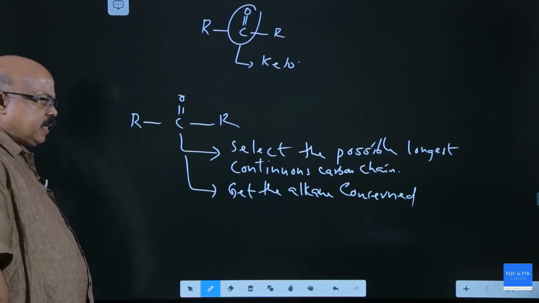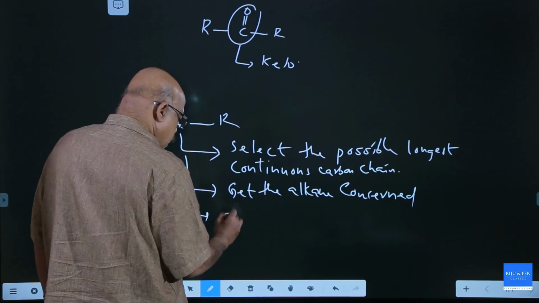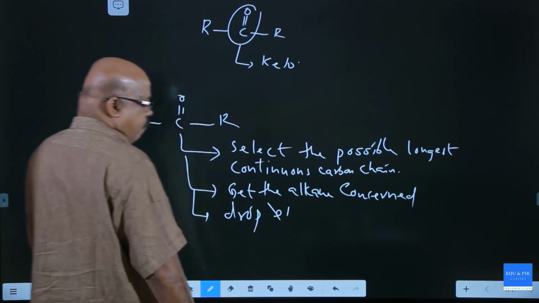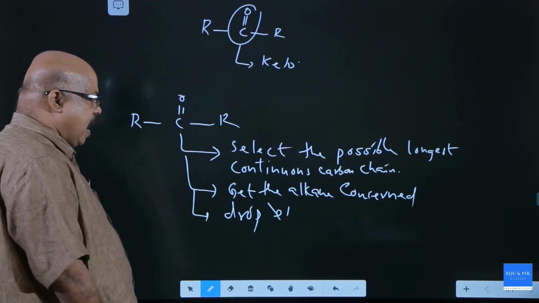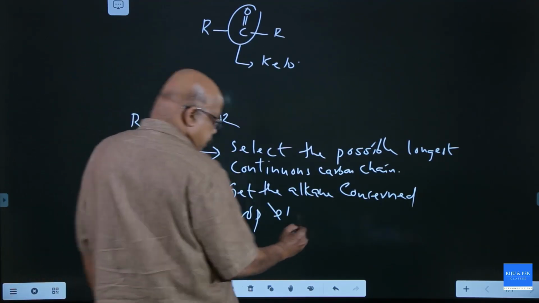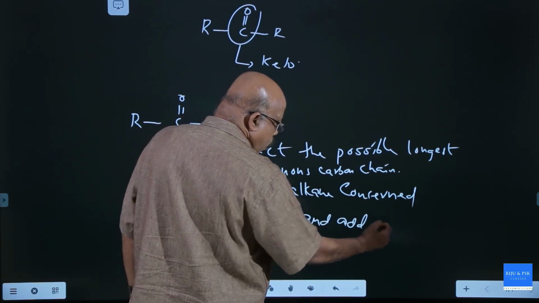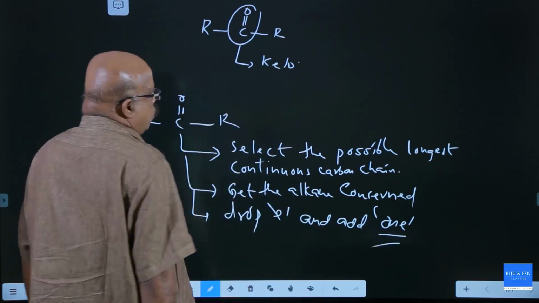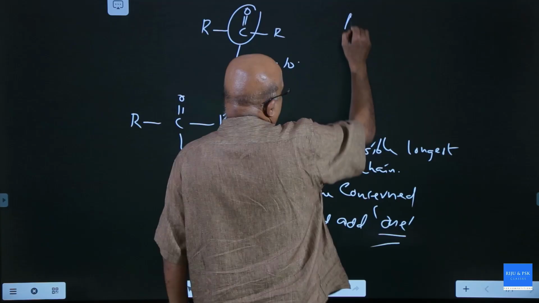Get the alkane concerned. Drop E from the primary suffix of the alkane and add ONE. So the IUPAC name of the molecule is alkanone.